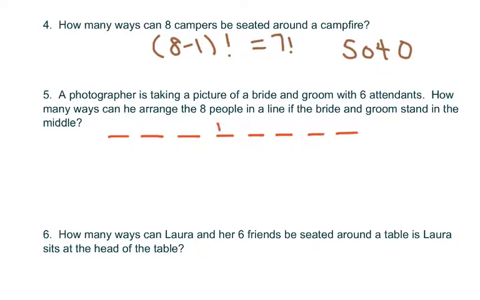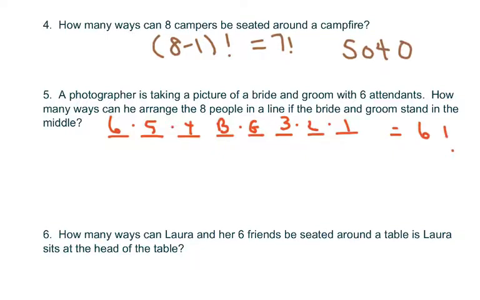Now we have the bride and groom. And so we have 6 people left. They're in the middle. So we have 6 times 5 times 4 times 3 times 2 times 1. And if you were going to stop there, you would be wrong. So this would be total 6 factorial.